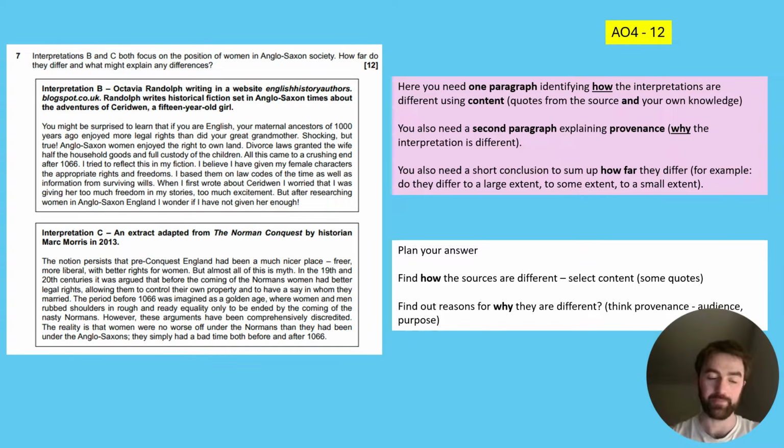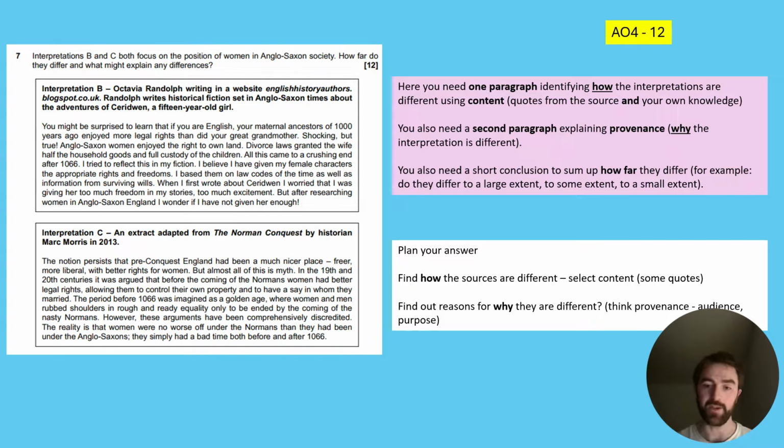And then after that, your second paragraph should be focused on provenance. Provenance are the bits in bold. These are almost like the working out behind the interpretation. Who has said it? When did they say this? Did they say this in a newspaper article, in a book, on a TV documentary? Is it an original primary source, a first-hand account?